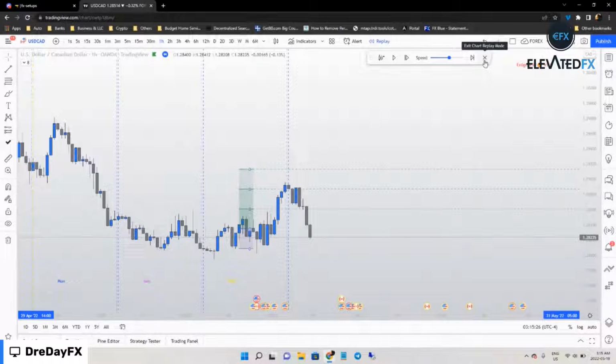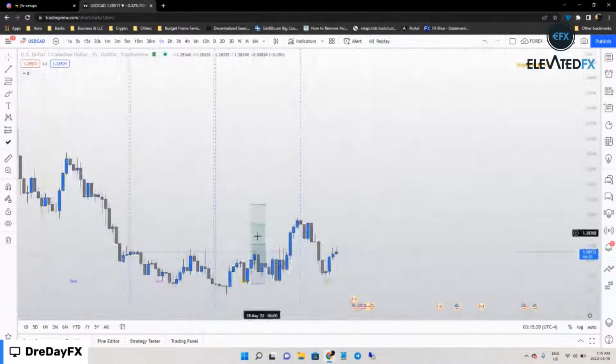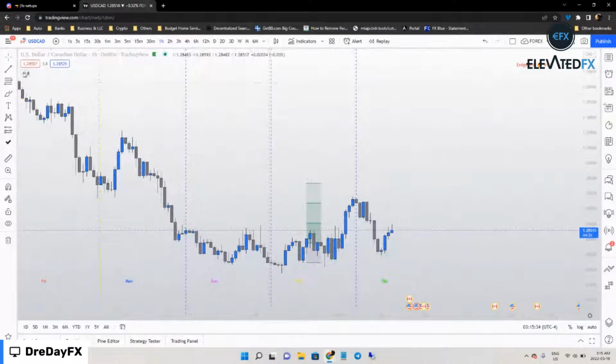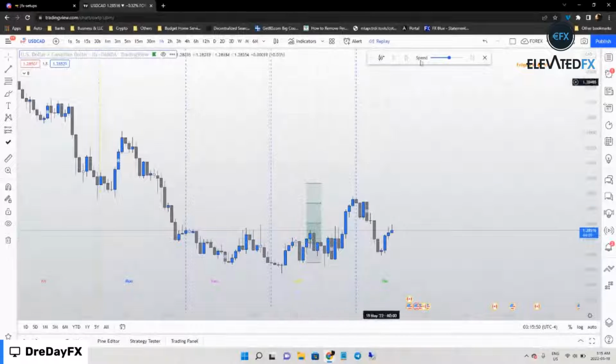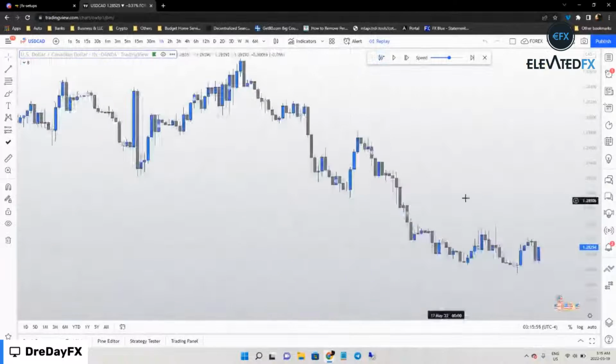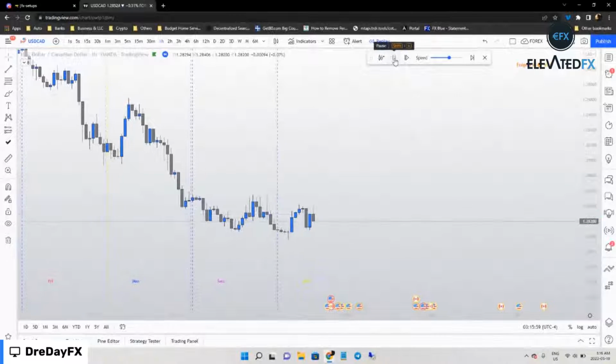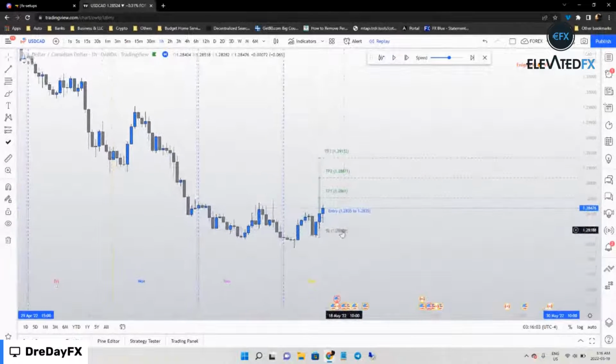Let's do it again. Okay, perfect. So we have the entry price here that is sent out on the previous candle, and on the actual candle that the signal is out, you have the option to enter as market execution, or you could put a pending order at the entry price level.